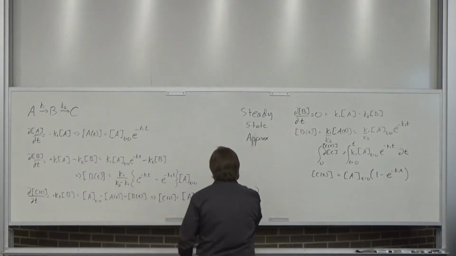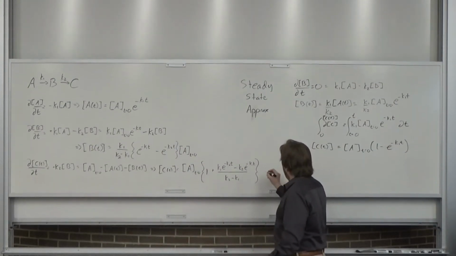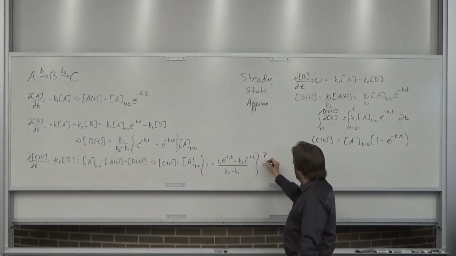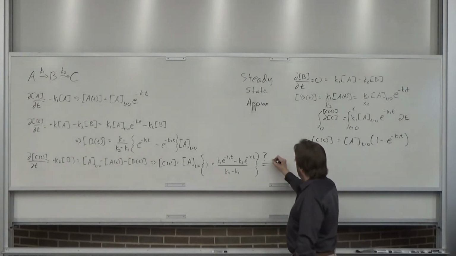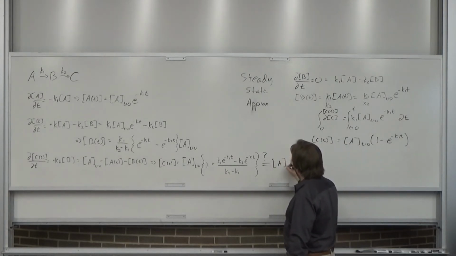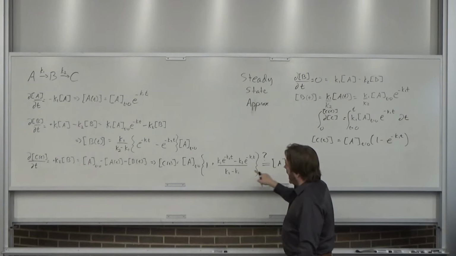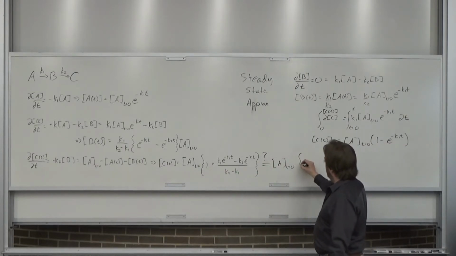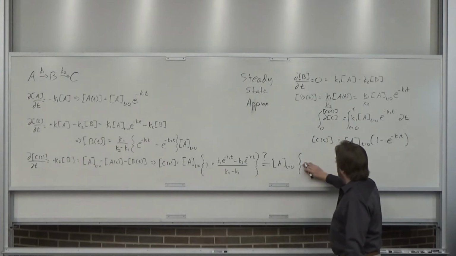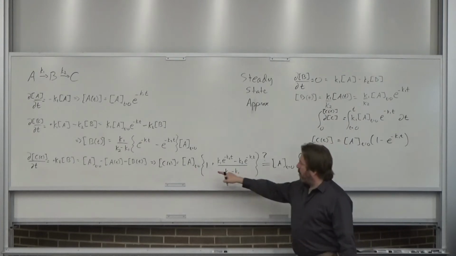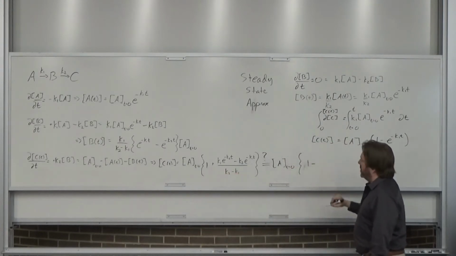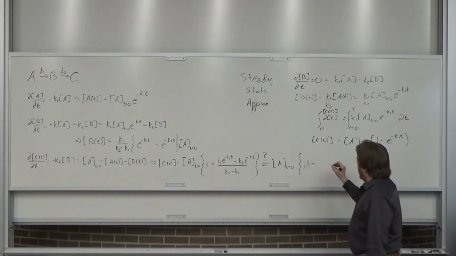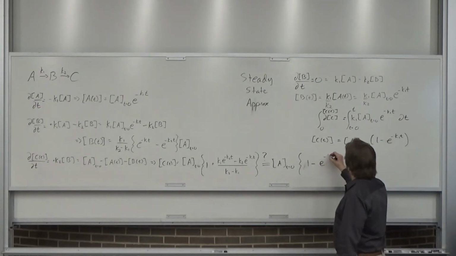So let's go back here. Why would this equal A at time equals 0? Now that's a no-brainer. A at time equals 0, A at time equals 0. And then I've got a 1 there, I've got a 1. Okay, now I've got a divergence. I've got a minus, and I've got a minus e to the minus k1t.